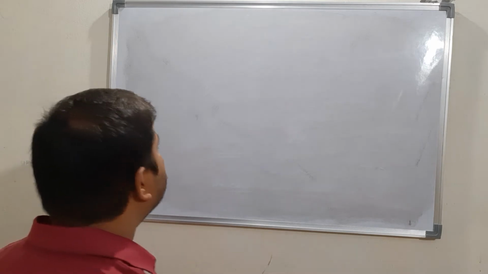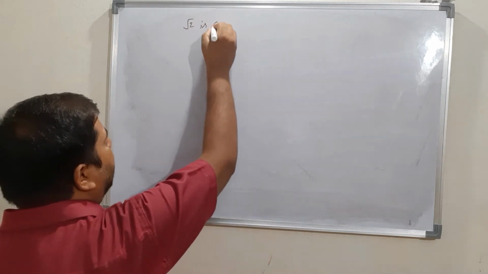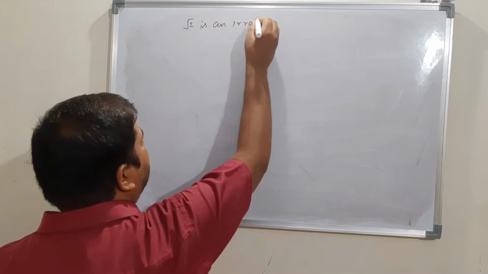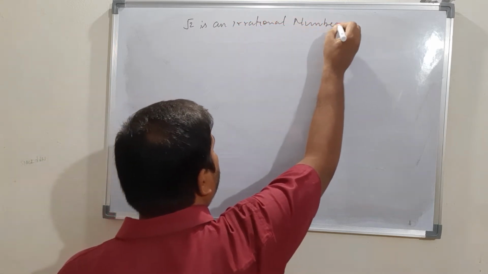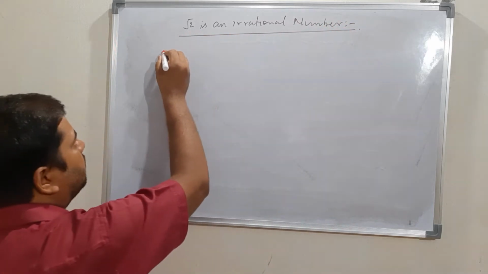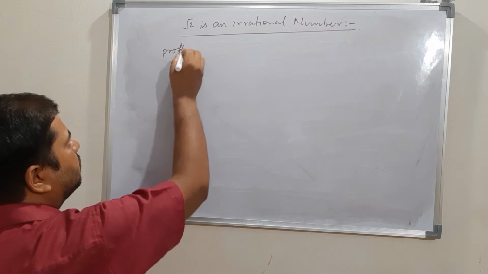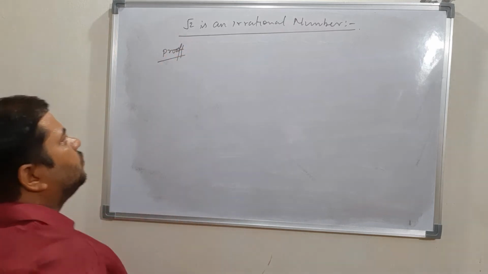So listen: root 2 is an irrational number. Proof.